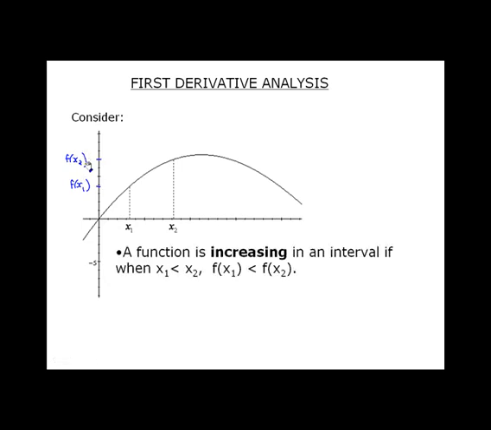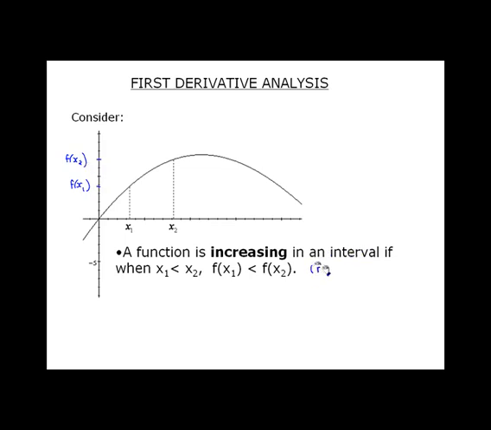Then, make what appears to be a fairly obvious point, that a function is increasing in an interval if, when x1 is less than x2, which it is in this case, f at x1 is less than f at x2, which it is in this case as well. So we would say that this is an increasing function.